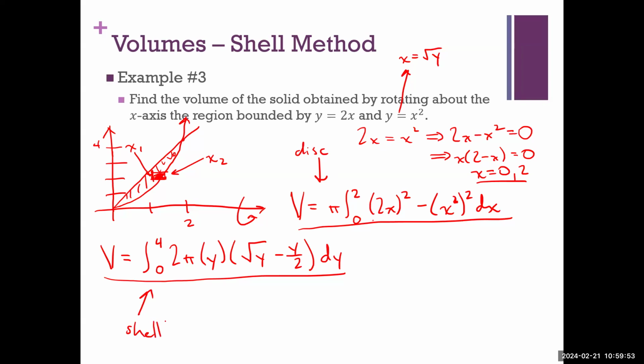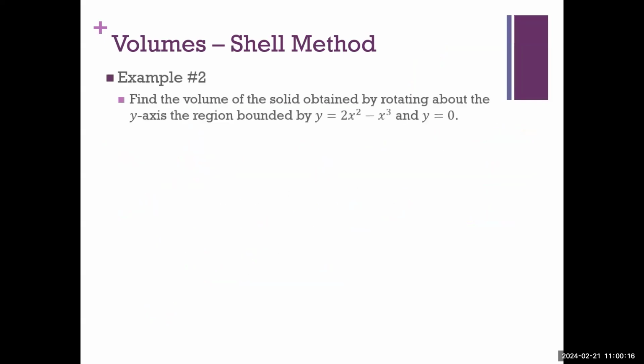One of the things the shell method requires is that your axis of rotation and the rectangles you're building it on are parallel to each other. Because I was rotating over a horizontal line, I need horizontal rectangles, and horizontal rectangles have dy as their thickness. That's the big difference between this and everything that came before it.